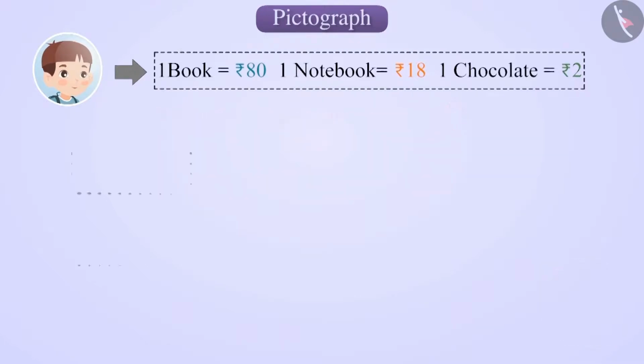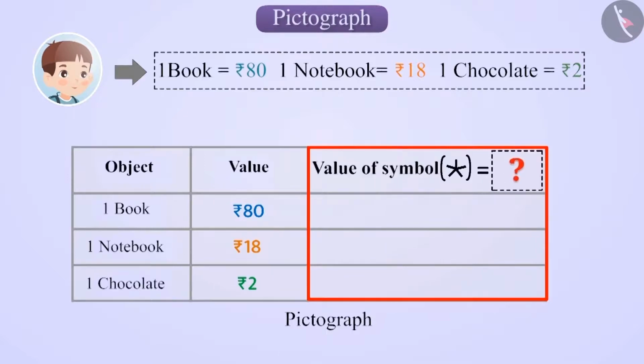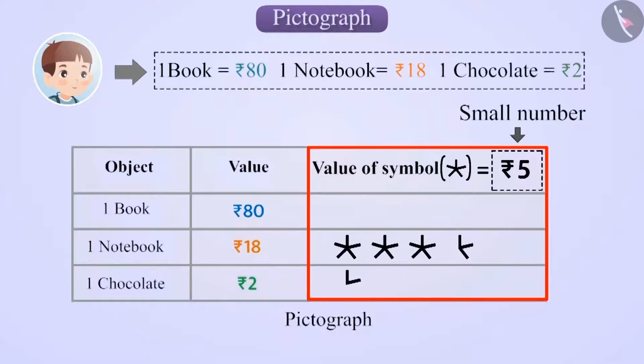While drawing the pictograph based on the given situation, you must have experienced some difficulties. Like, what should be the value of the symbol? If you take the value of the symbol a small number, such as rupees 5, then you will find it easier to denote rupees 2 and rupees 18.